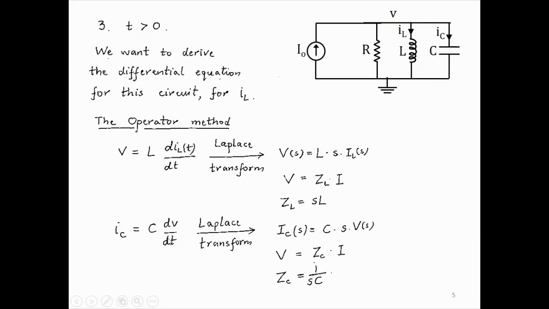Similarly, for the capacitor, we say capital IC of s is equal to C times s times V of s, and we write this as V equals something times I, that something, the complex impedance, then is 1 over sC. Now we replace L and C with sL and 1/sC as the impedances.